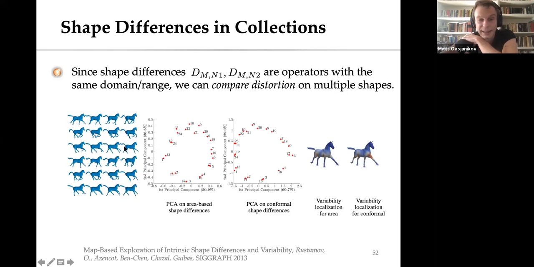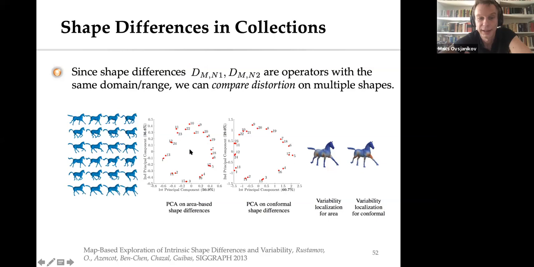And what's nice is that if I have a collection of shapes, I can represent every shape in the collection by some shape difference operator from some source shape. For example, if I have this sequence of running courses, I can take some fixed shape like this one and then compare all of the other shapes to that shape. And then I can find an embedding.